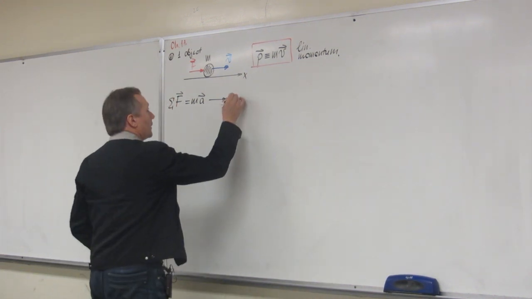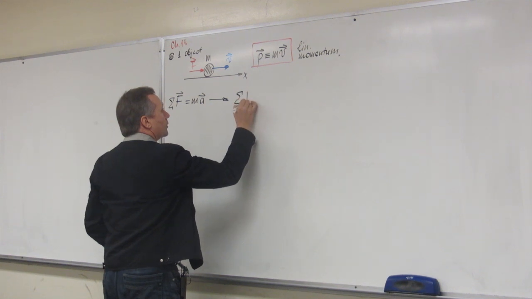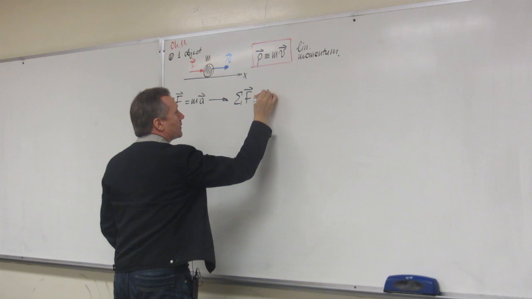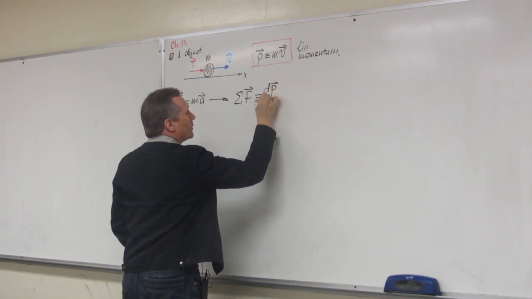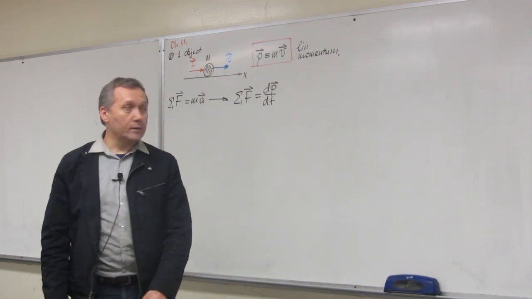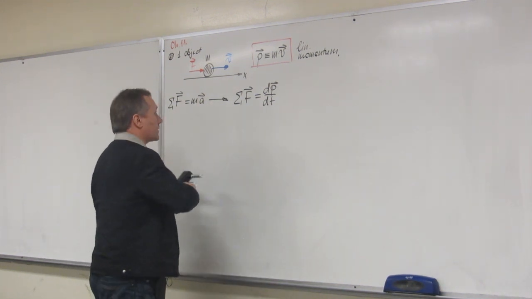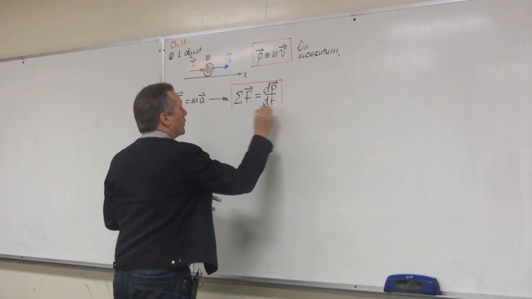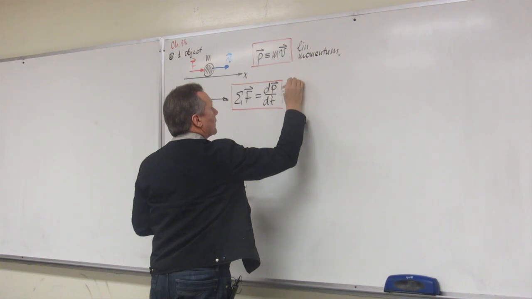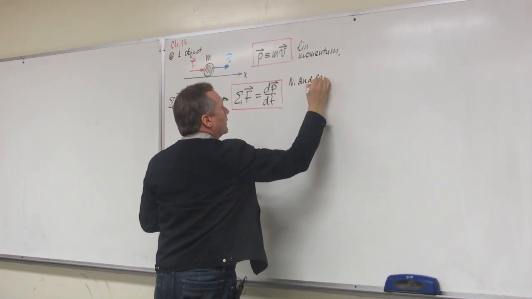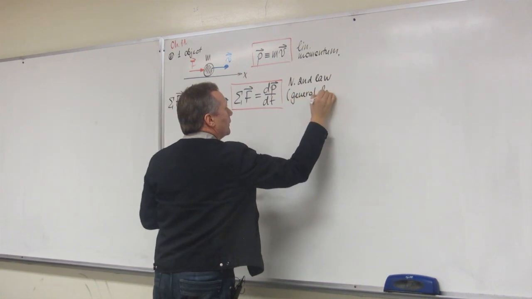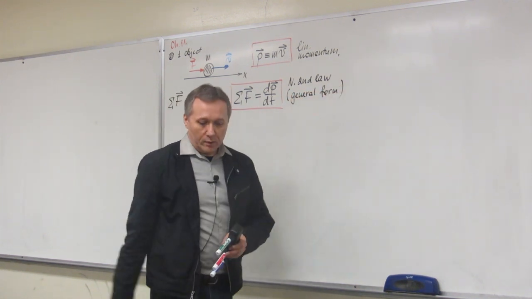Net force acting on the system, on the object in our case, equals the rate of change of this linear momentum. Right. So that is the most general form of the Newton's second law. So I will write Newton's second law, general form. Okay.